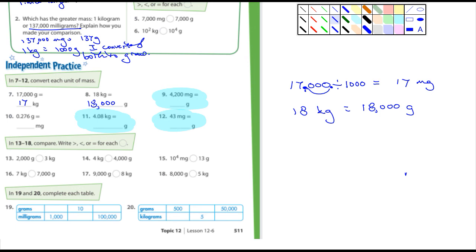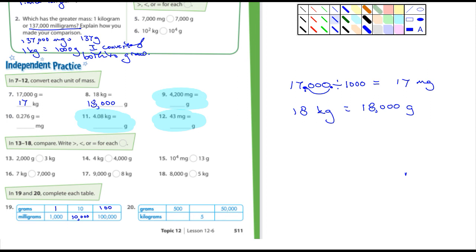So 1 gram is 1,000 milligrams. 10 grams is 10,000 milligrams. And 100,000 milligrams, well, that would be what? 100 grams. And then number 20, 500 grams is what?